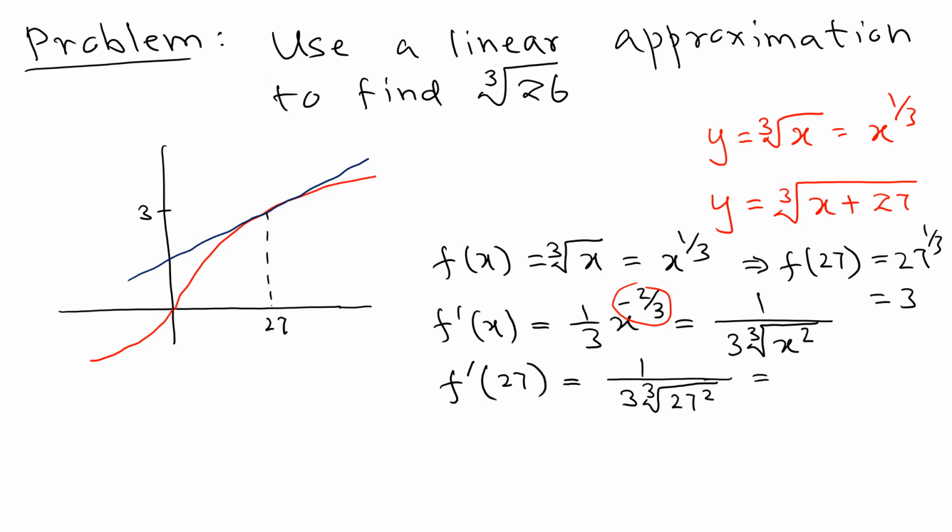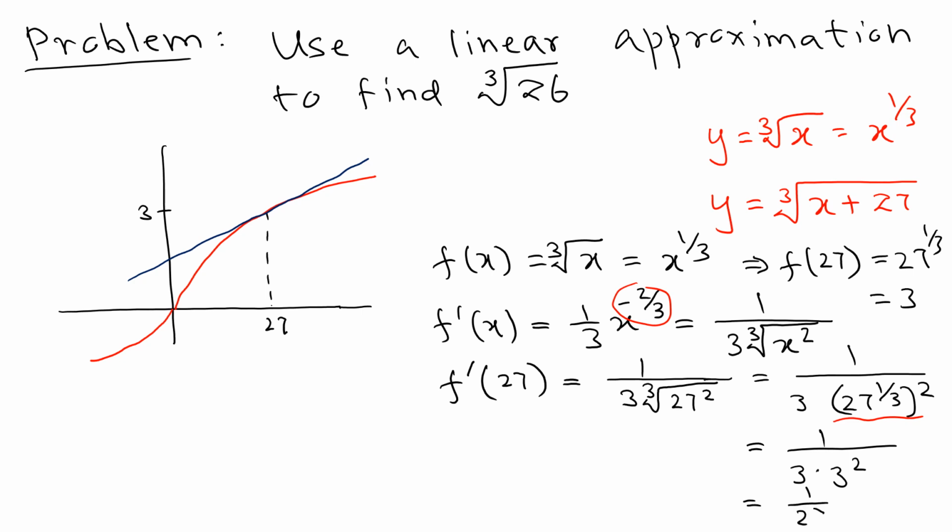The easiest way is to switch the two: we take the cube root of 27 first and then square, because you can only switch those two. If you simplify, the cube root of 27 is 3, and 3 squared is 9. So you get 1 over 27. That is the slope.